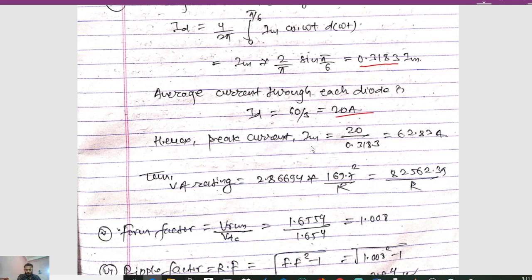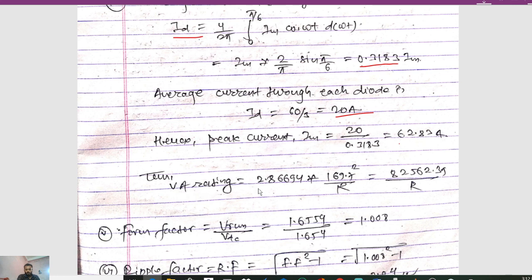Now to calculate the peak current Im, we will get ID upon 0.3183. We have the relation ID equals 0.3183 Im, and from this we calculate the value of Im, with ID as 20 amperes. So Im equals ID upon 0.3183, and you get 62.83 amperes.